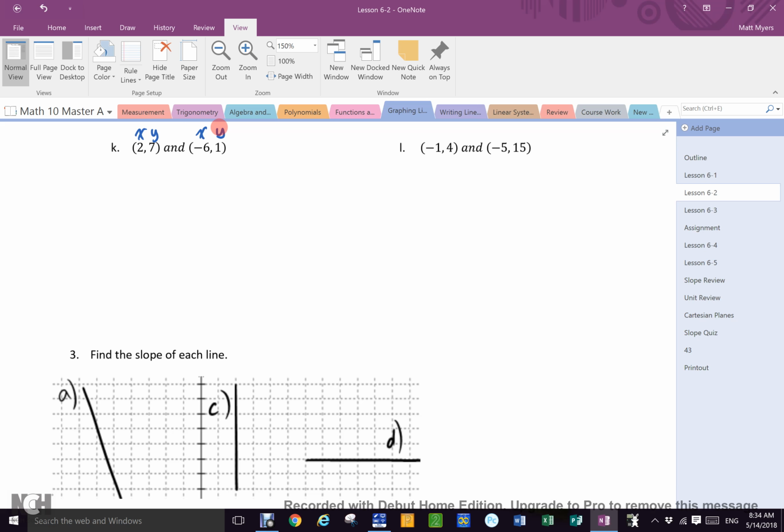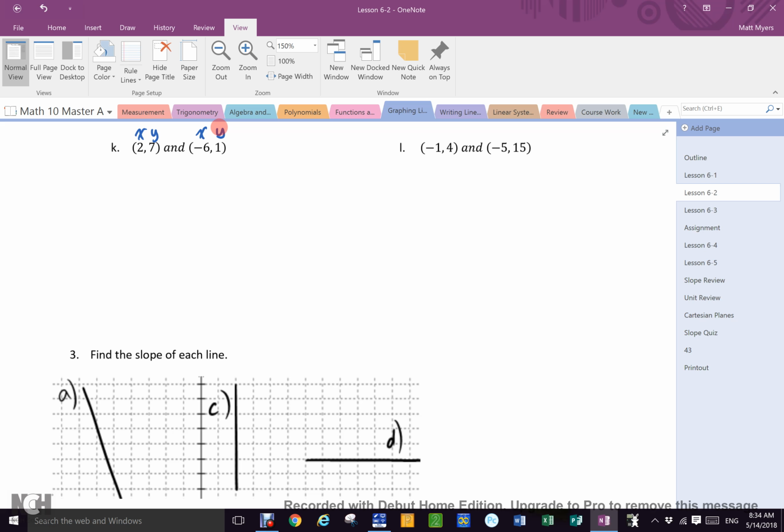And X minus X is what? If I do X minus X, what do I have? 0. So I can't call them both Y and X, so I have to give them other names. Y1 and Y2. Who decides which is Y1 and which is Y2? You do. It doesn't matter.